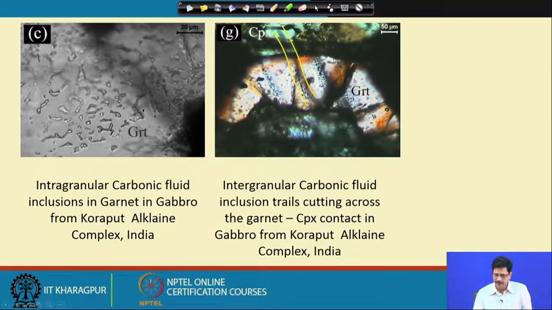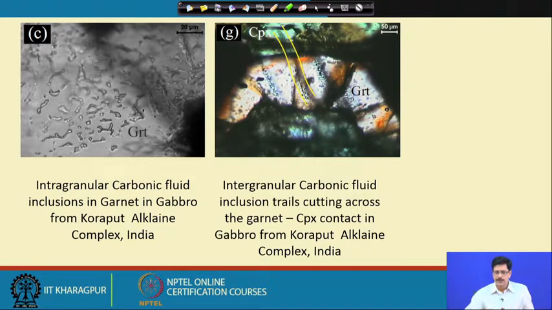And here is an example of a garnet and clinopyroxene in a gabbro, where we could see the transgranular cracks traversing between the clinopyroxene and garnet. So this definitely indicates that this particular fluid was a later fluid compared to the stage at which this garnet developed.